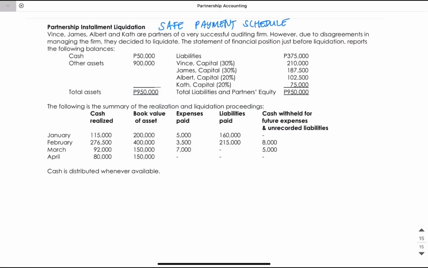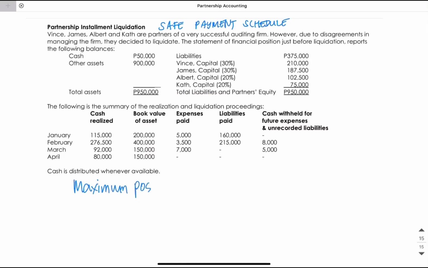Okay, so to illustrate preparation of safe payment schedule, let's answer the same problem that we did using cash priority program. So to prepare safe payment schedule, we would need the maximum possible loss.